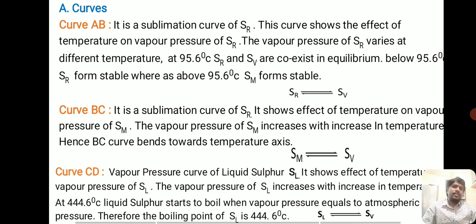Coming to the next curve, that is BC. The curve BC is a sublimation curve of monoclinic sulfur. It shows the effect of temperature on the vapor pressure of monoclinic sulfur. The vapor pressure of monoclinic sulfur increases with increase in temperature. Hence the curve BC bends towards the temperature axis.